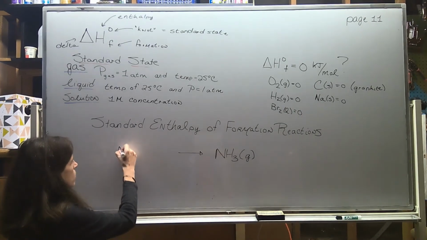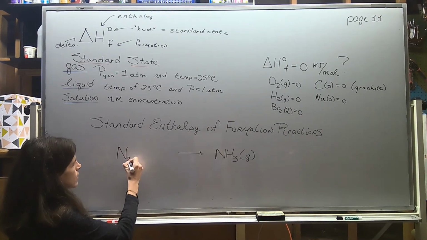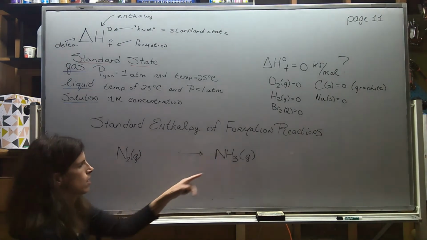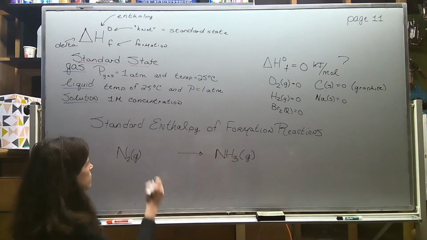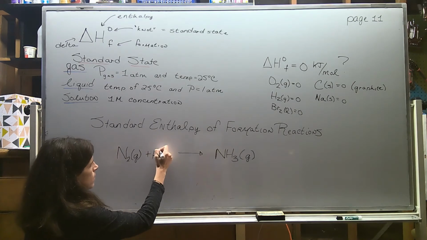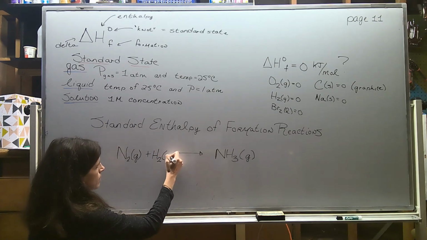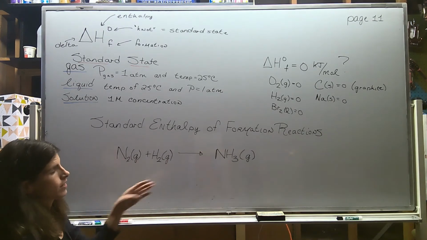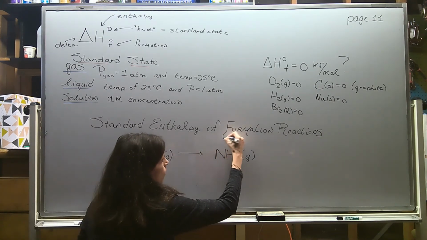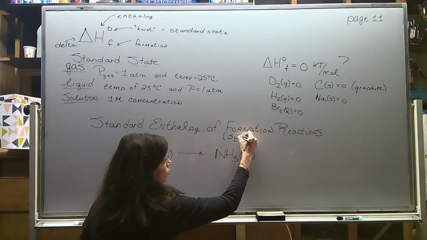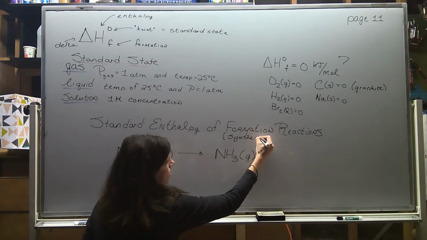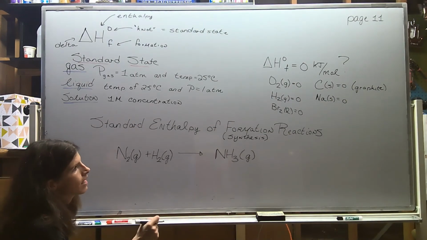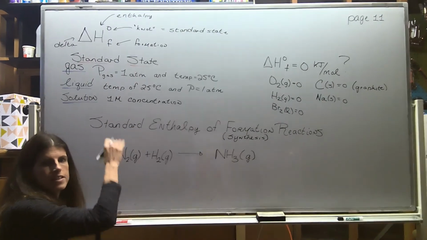So I'm like, okay, well, I know nitrogen's diatomic, and I know it's a gas. This also has hydrogen in it. And hydrogen's diatomic, and it's a gas. So formation is almost like a synthesis reaction. But the main caveat is that you have to synthesize it from its elements.